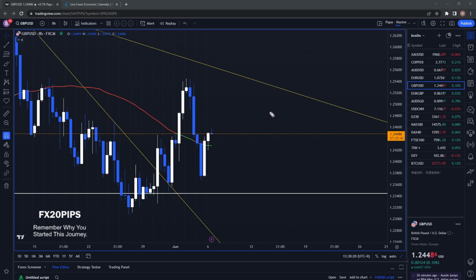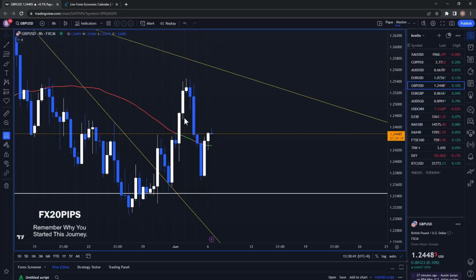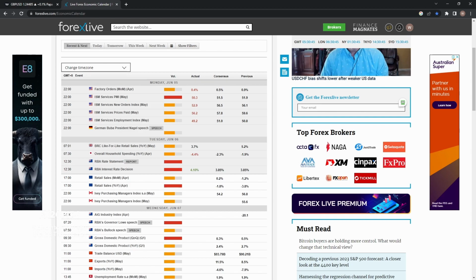Right. Let me just pull up the news yesterday and sort of explain this bullish candle to you. All right, let's go to here. So yesterday at my time, which is 10 p.m. Monday, US has all these news.